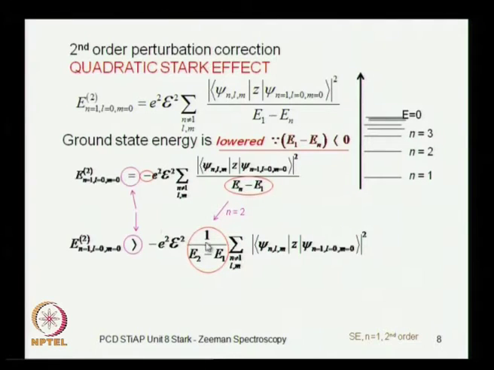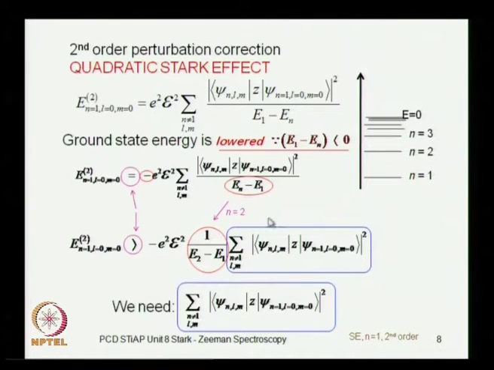So, this is a certain bound that you get, and now what we want to determine to get this bound is this summation over all values of n, going from n not equal to 1. So, it will go from 2 all the way up to infinity, and then of course, you need to sum over corresponding values of L and M as well. So, this is the quantity that you want to determine.